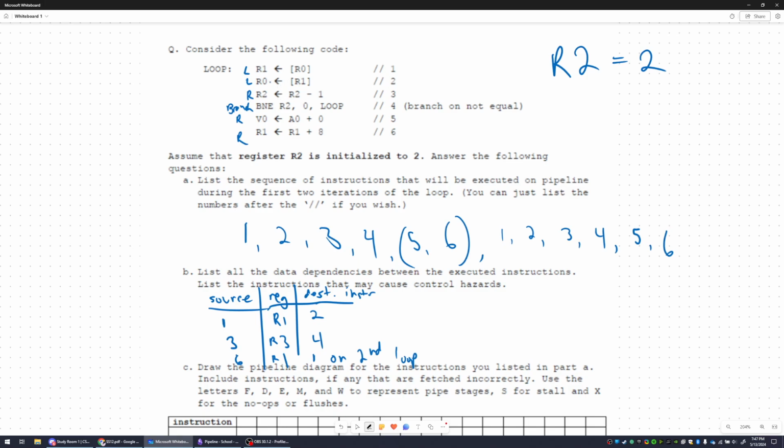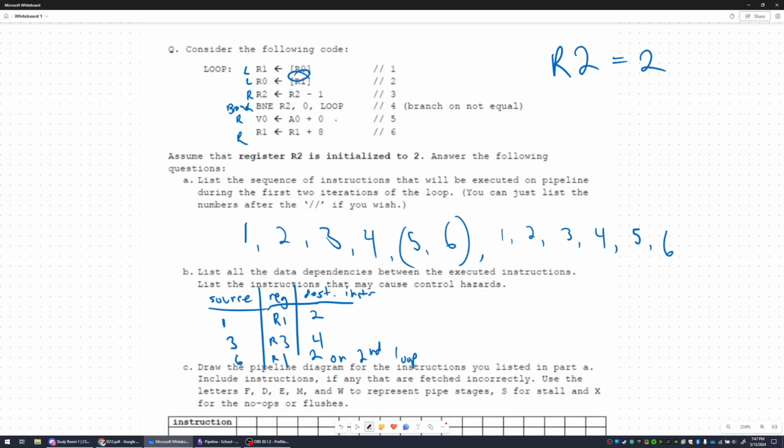So one here, one here, one. Oh no, is that this one? Yeah, the destination. Oh no, it's not. Oh, it's here, this one. Okay, so it's not instruction 1, it's instruction 2.